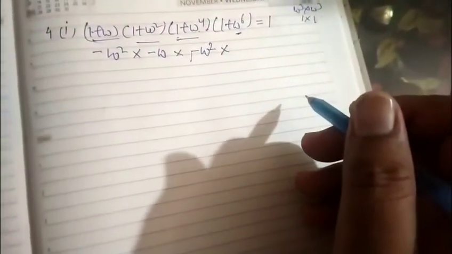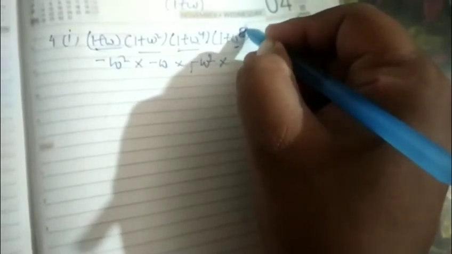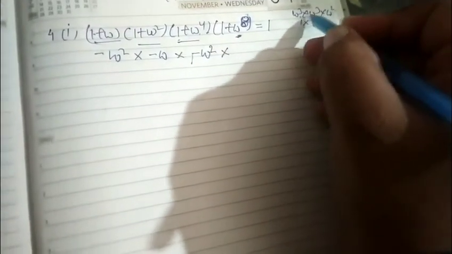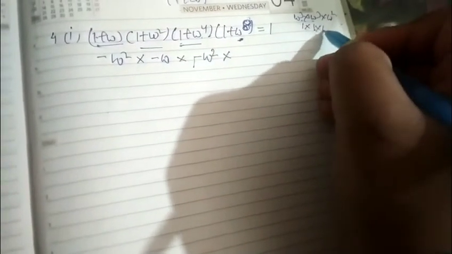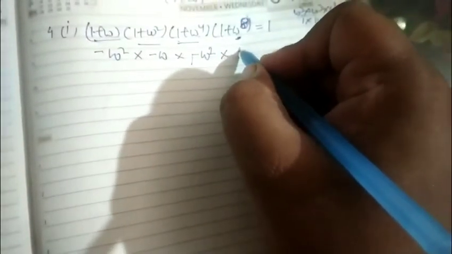This is not omega to the power 6, this is omega to the power 8 actually, right. So omega to the power 8 means omega cube into omega square. So this is 1 into omega square, so in place of 1 plus omega to the power 8 we can write 1 plus omega square, which is minus omega.